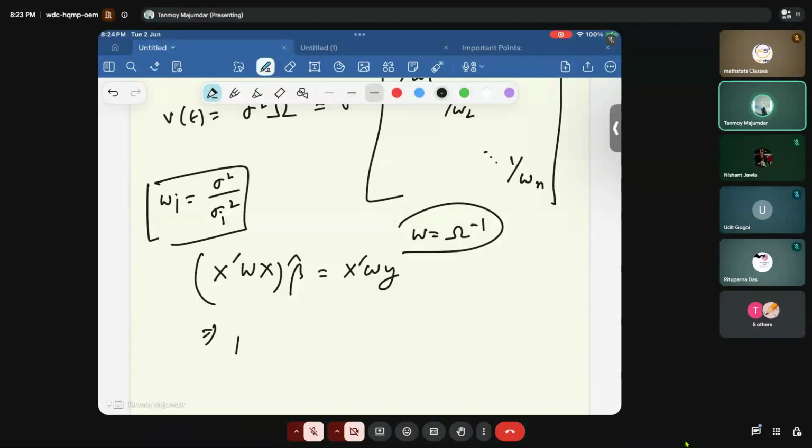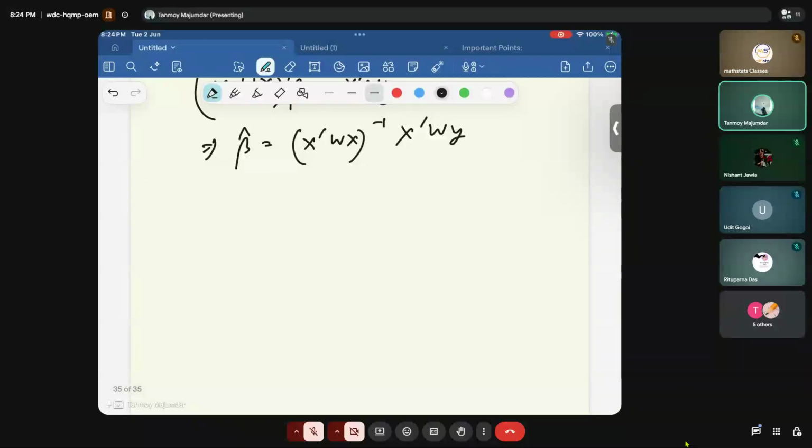So in that case, beta hat will be equal to (X dash W X) inverse X dash W y. So that is the beta hat for weighted LSE. As simple as that. Okay.